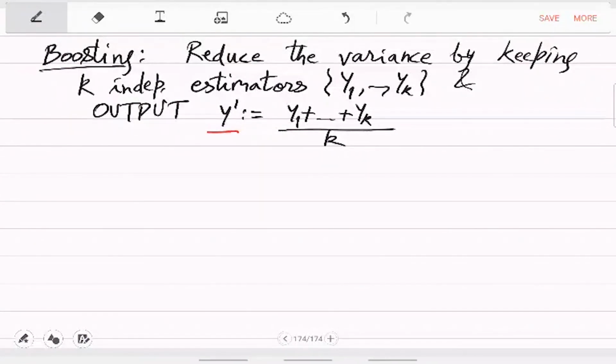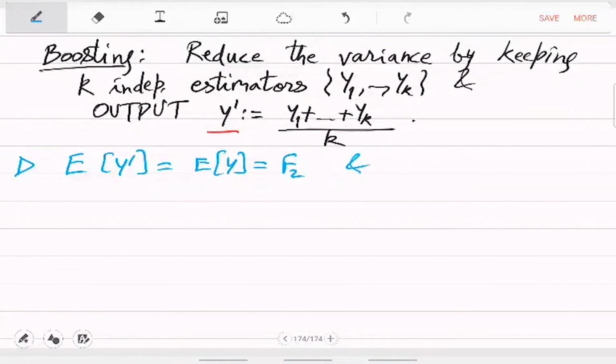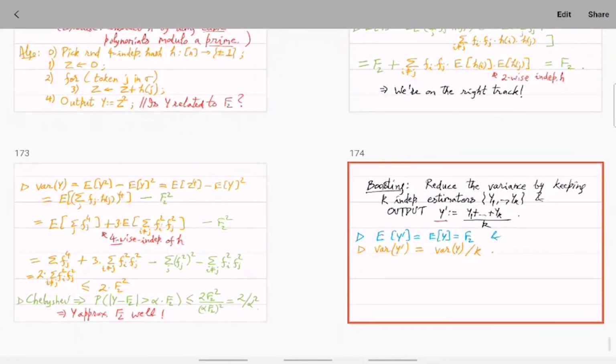So, this has the desired effect of expectation being unchanged and variance being, remember, variance requires squaring, right. So, actually you can show that this variance has reduced by a factor of k. Okay, so expectation does not change, variance becomes smaller, and hence when you use Chebyshev inequality, the RHS will be now much smaller.